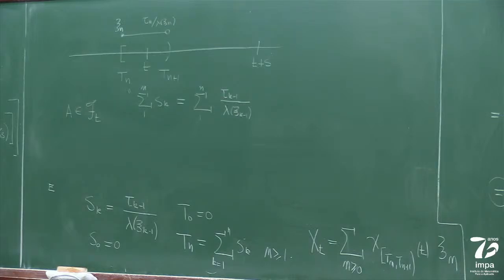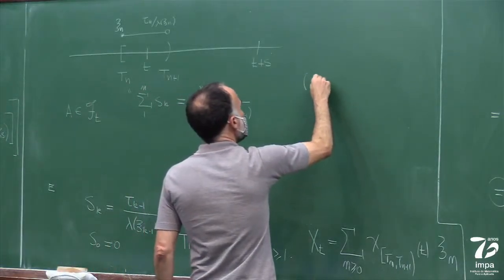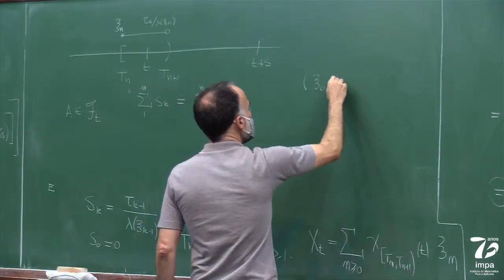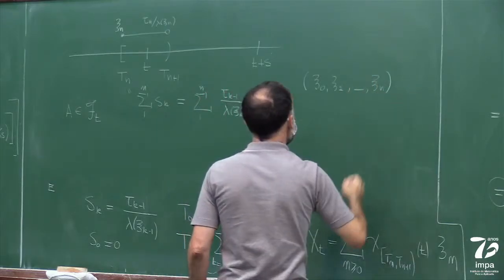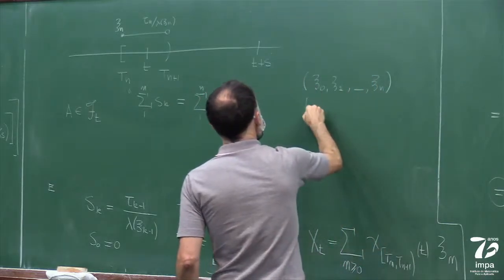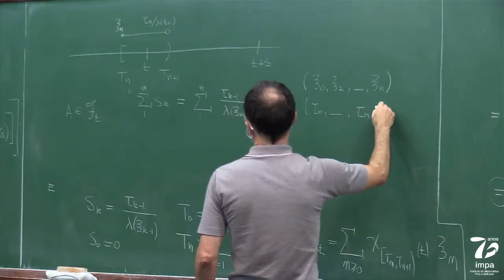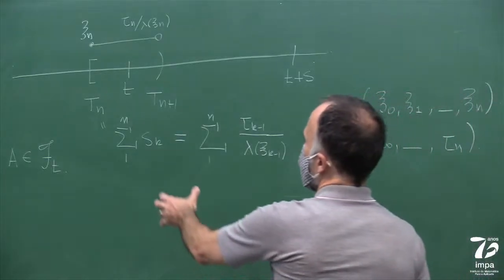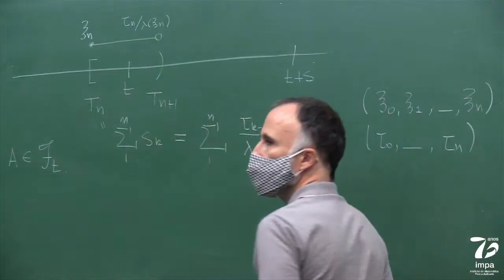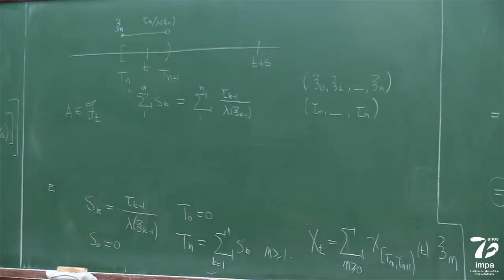So what I claim is that if I know psi 0, psi 1 up to psi n, and if I know tau 0 up to tau n, so I will know this interval. I'm assuming that t belongs to this interval.